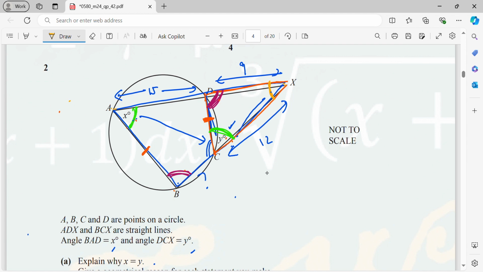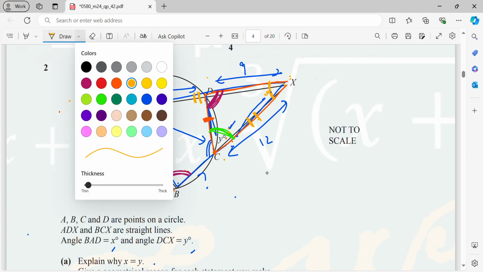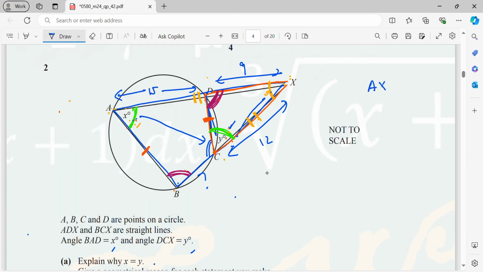BX, this whole length, BX, that is the side joining X and the common angle. Now when you look at the triangle DCX, that means the side joining the corresponding angle of X, which is Y, and the common angle, which is here, which is your CX. So AX is similar to CX.